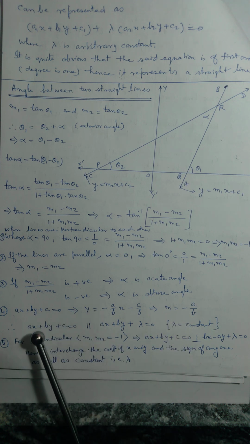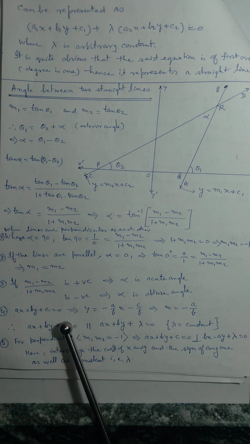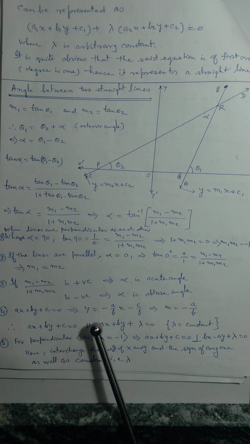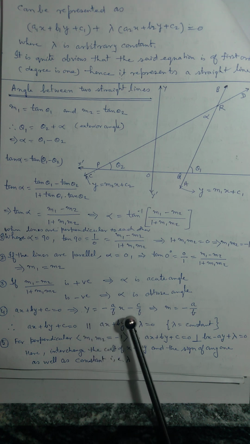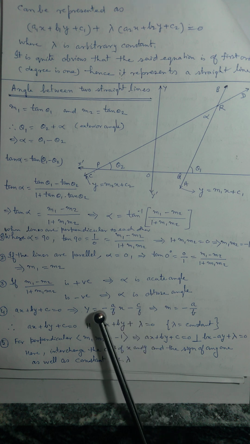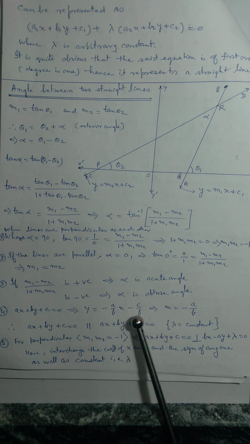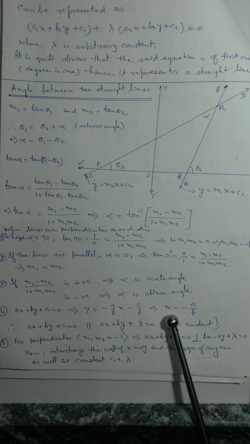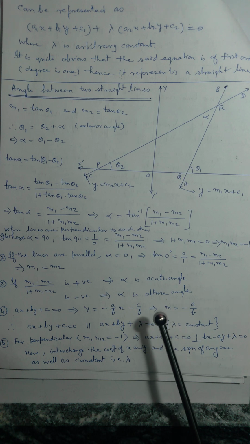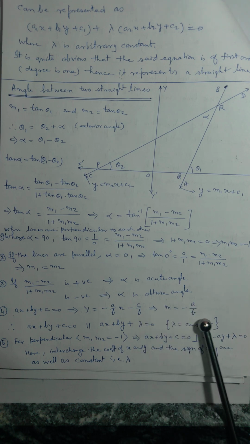Now ax plus by plus c equal to 0 is a general equation of a straight line. Transpose all the terms except y to the right hand side. You will get y equal to minus a by b x minus c by b. Here m, the slope of the line, will be equal to minus a by b.